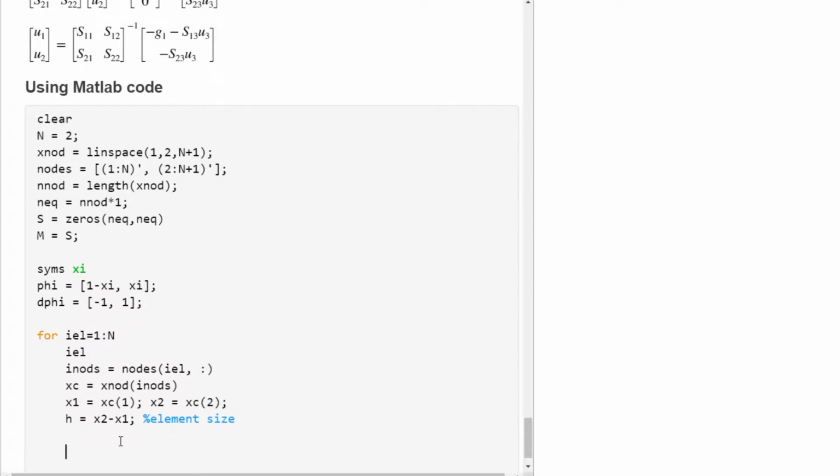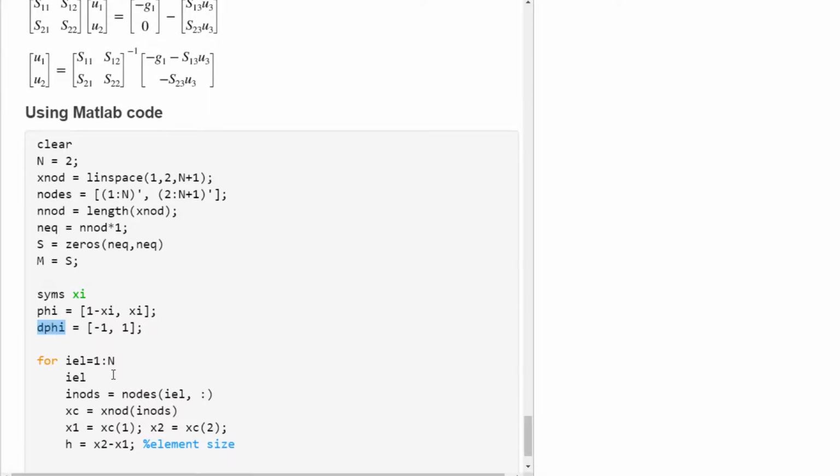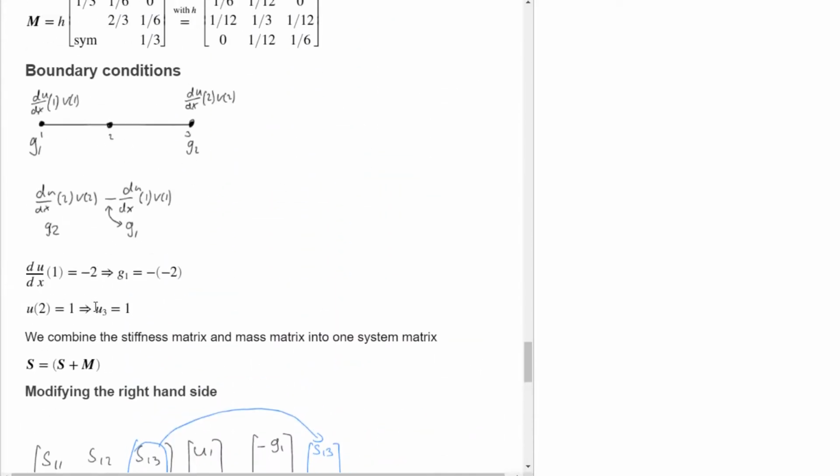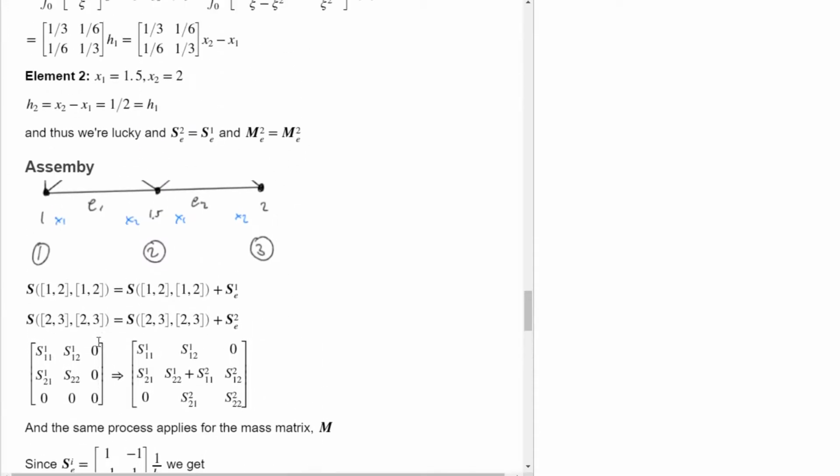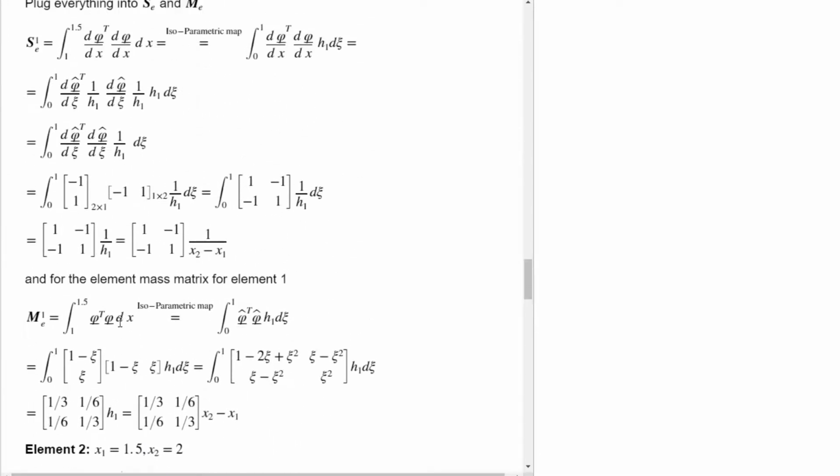All right, now for the element stiffness matrix. Well, we can again go back and just remind ourselves how this looks like here. So this operation, this is what we're doing here. So we have this integral going from 0 to 1, and it's varying with xi now, and we need to take the derivative of the basis functions, transpose times itself, but not transposed, times 1 over h1.